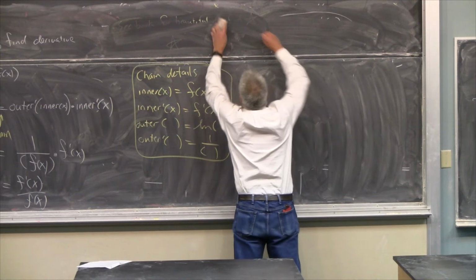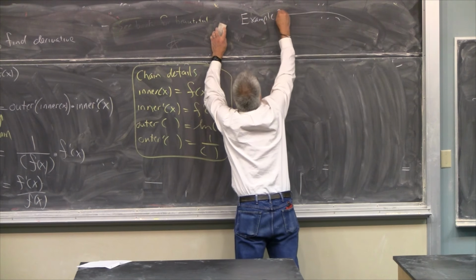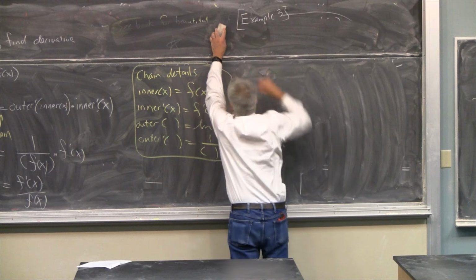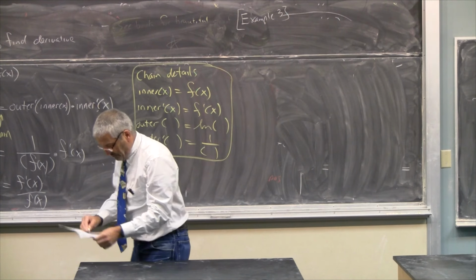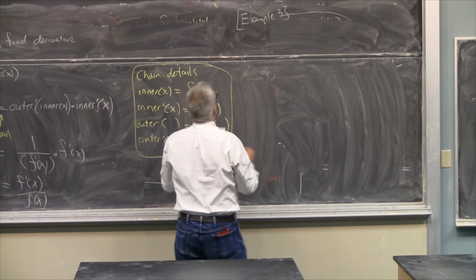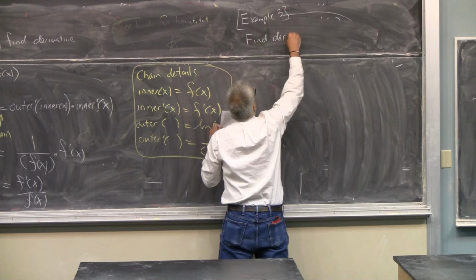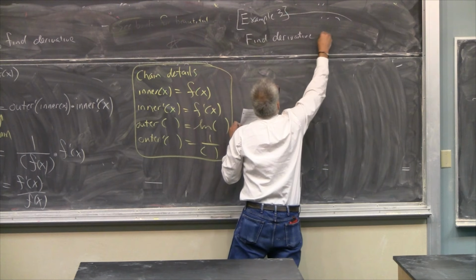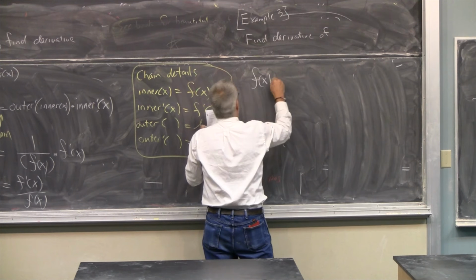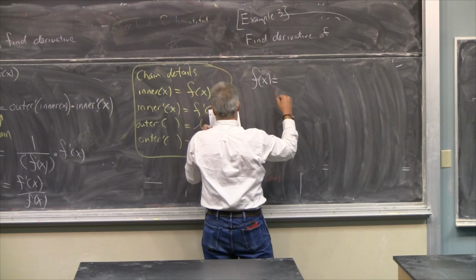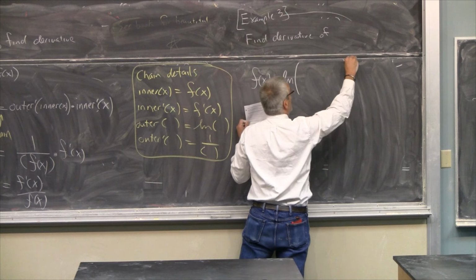Example 3. Find the derivative of f of x equals ln of, everybody buckled in?